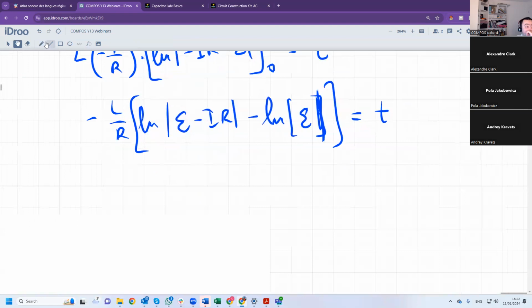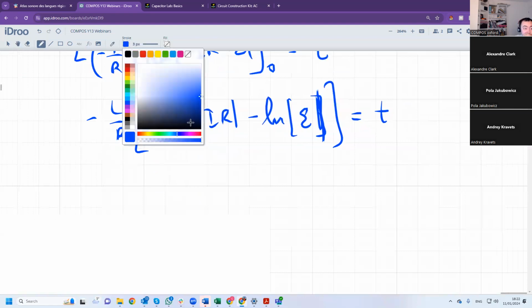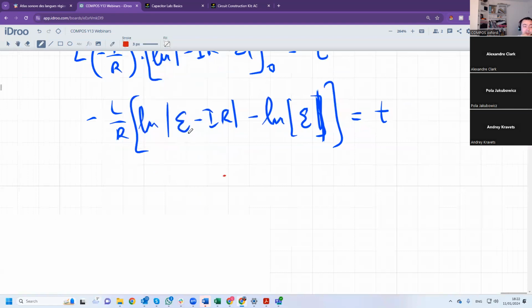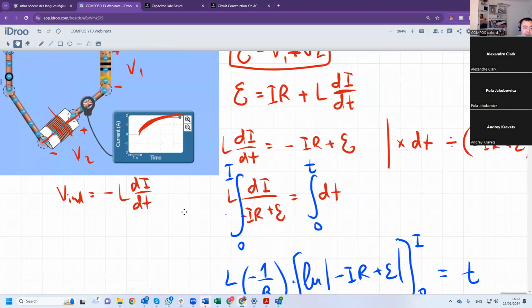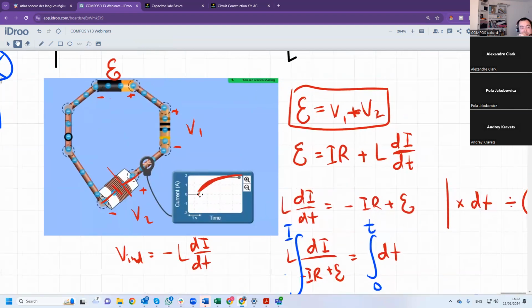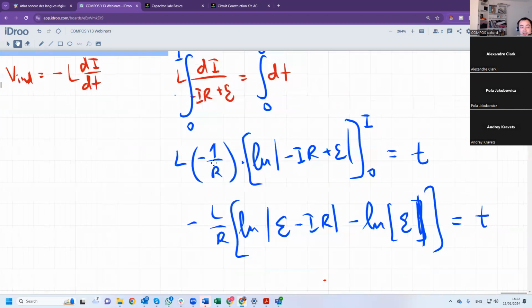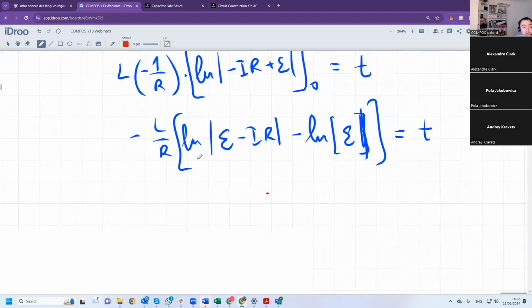Now, because there's a modulus, we need to figure out which is bigger, EMF or IR. Well, IR is always slightly less than the EMF, because you can see that I approaches the maximum value, but it kind of never reaches it, at least mathematically. So we can drop the modulus. It's going to be plus. So EMF is always greater than IR.